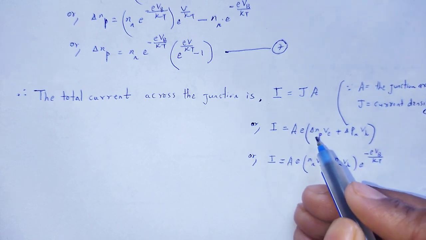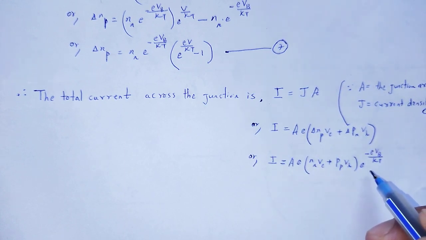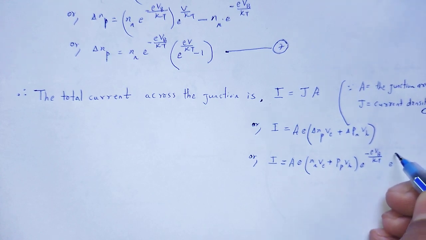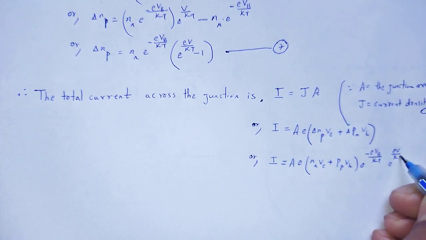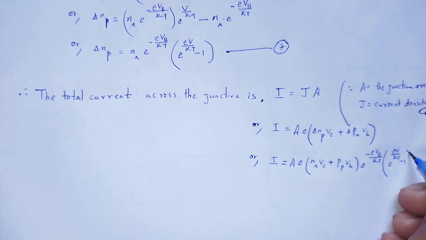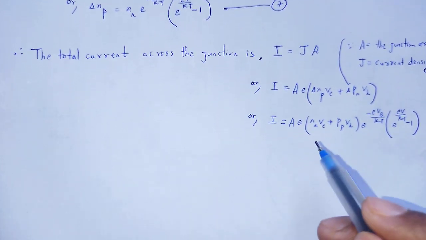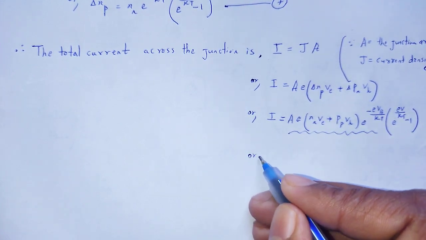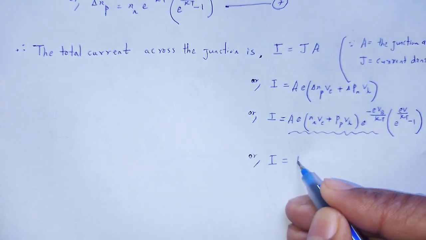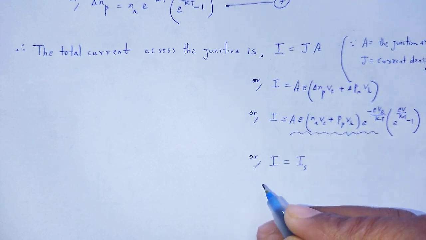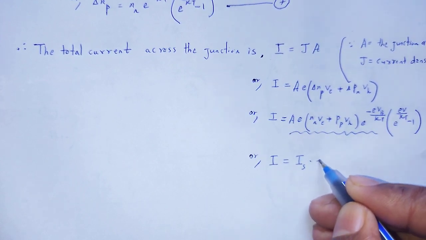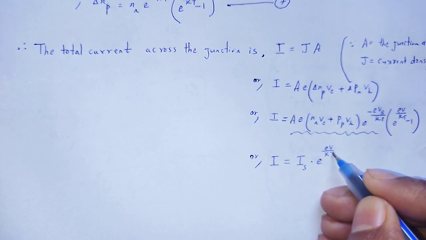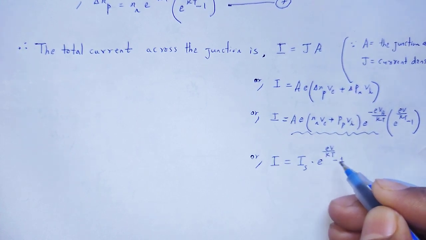First we put in that value and then that term is treated as common, e to the power EV by KT minus 1. That entire term is known as I of S into e to the power EV by KT minus 1.